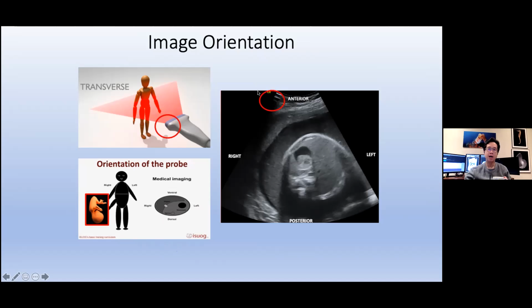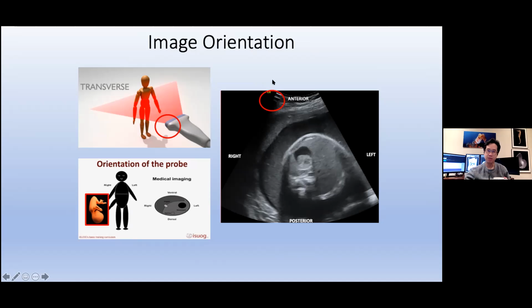Just a note that when you're scanning, the probe often has a little notch or a little bump on one side. That will help you orient where your probe is, because most images will have a little demarcation, sometimes an arrow, or in this case it says E8 on it because that's the type of machine you're using.